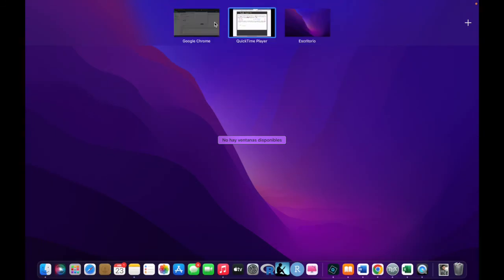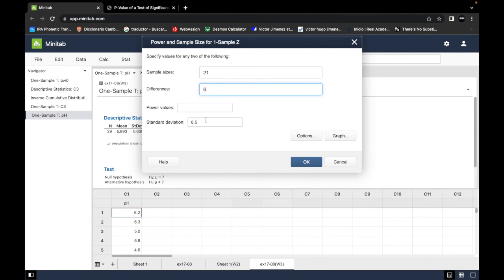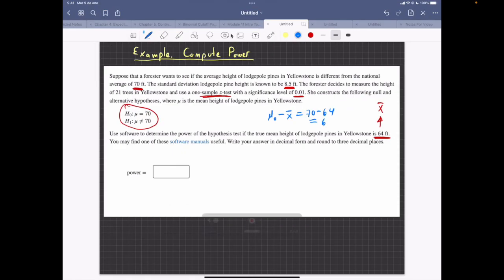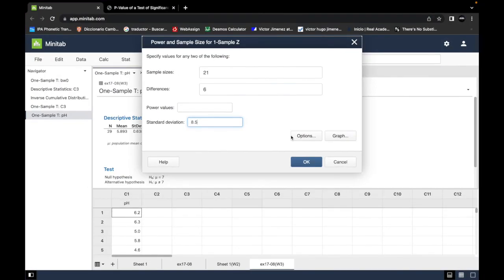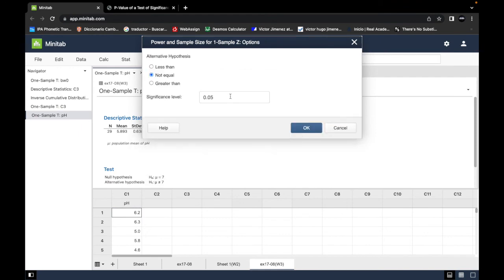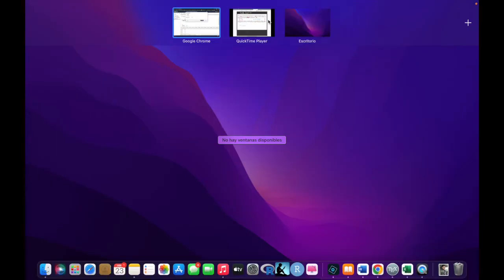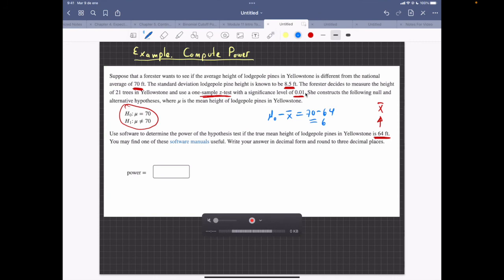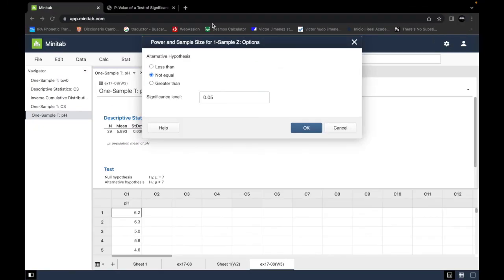So you have to put here in differences 6. Power values, leave it blank. We're trying to find that. And the standard deviation is 8.5 because it's given here, 8.5, and the significance level is 0.01.